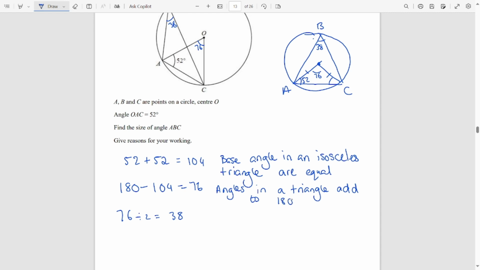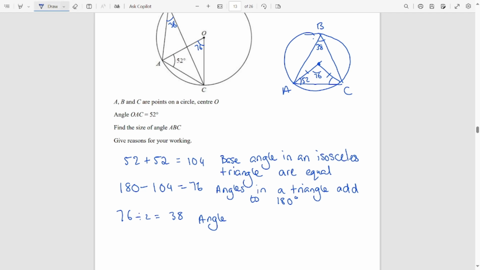And when you're doing these reasons, you don't really need to worry too much about spelling or the exact wording that you've used. Although I think, to be honest, it probably is easier to remember these rules off by heart than it is to write them yourself out of your head. And so for the last one, it is angles at the centre. So we probably don't need the S there.